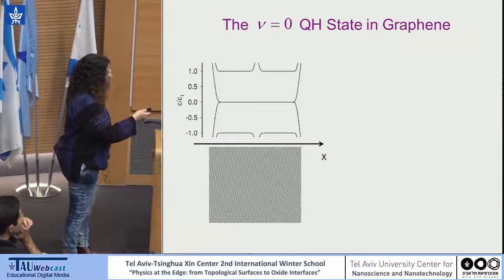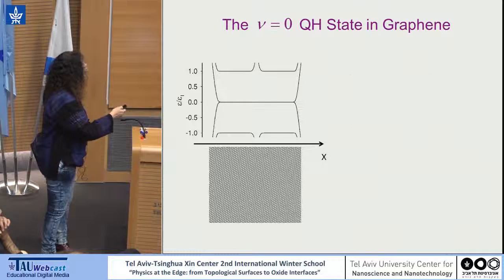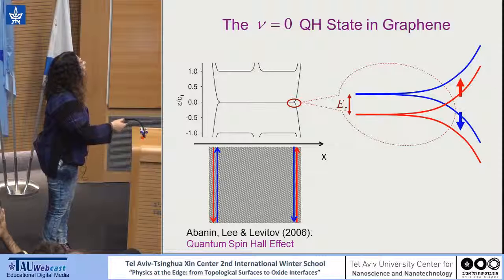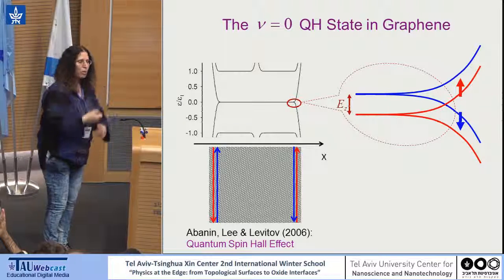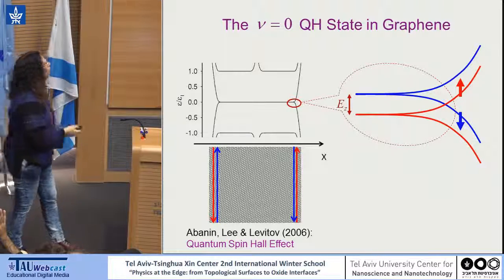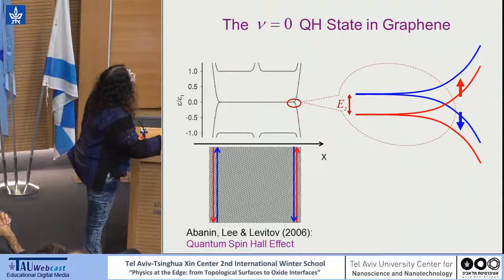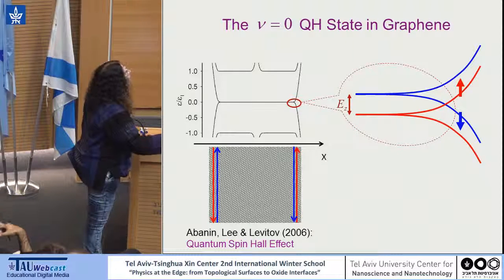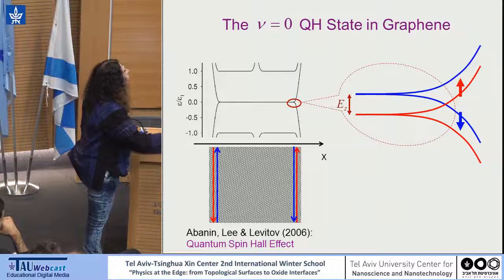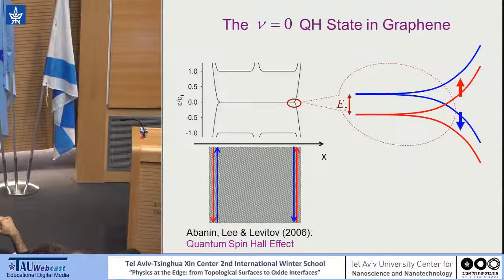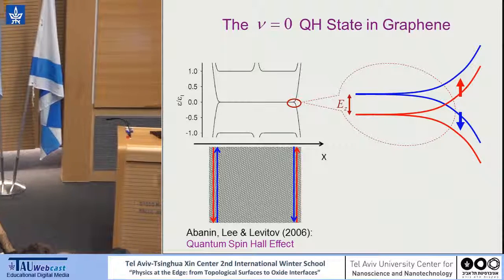But if we zoom in and assume that there is some Zeeman splitting, and all it does is just split the spectrum to spin up and down, we find that at exactly zero energy, there is a crossing point in the non-interacting electron spectrum between right movers with spin up and left movers with spin down.